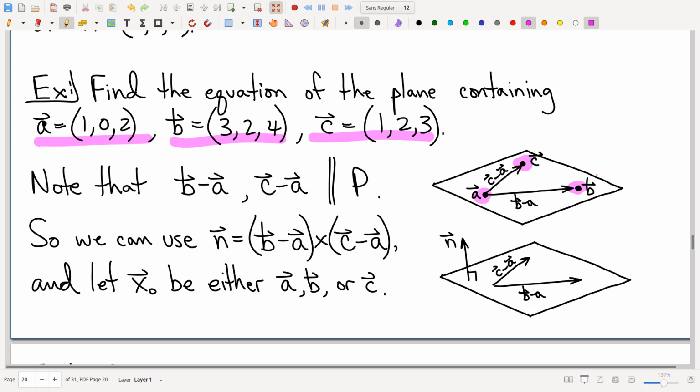Here I'm giving you the coordinates of these geometric objects, these 3 points. And what I want is for you to think about the related geometric object, namely the plane, and give me the algebra, namely the equation for that plane.